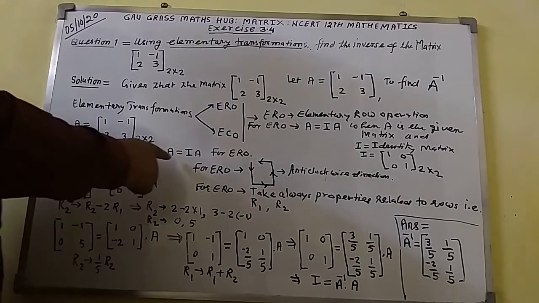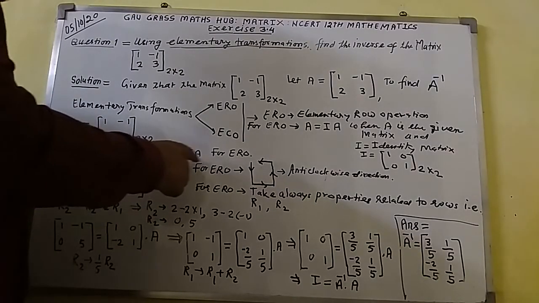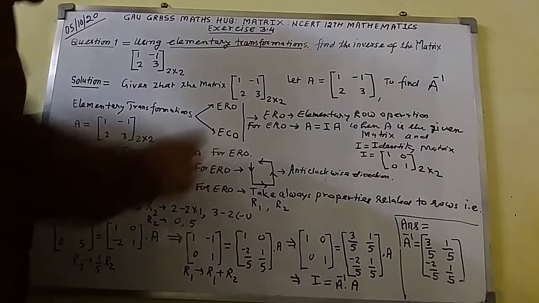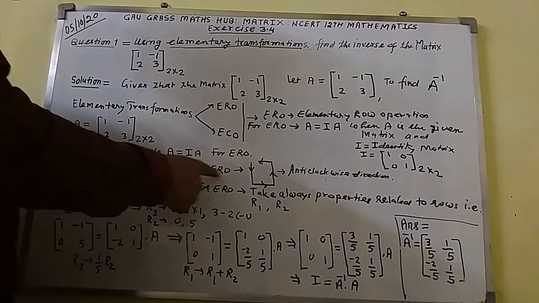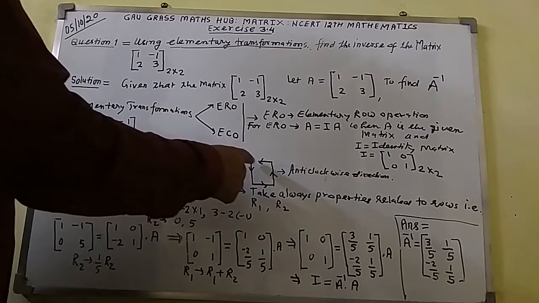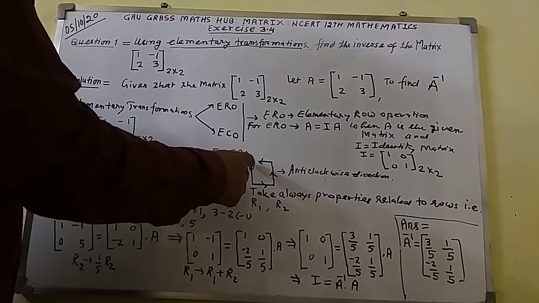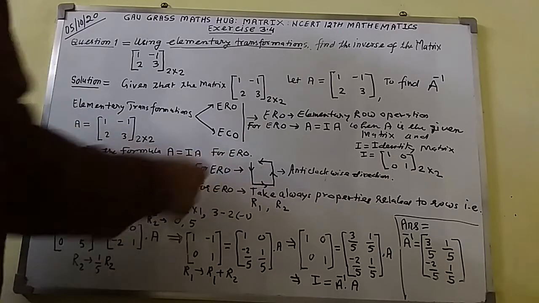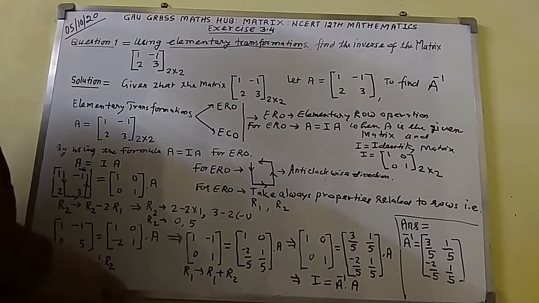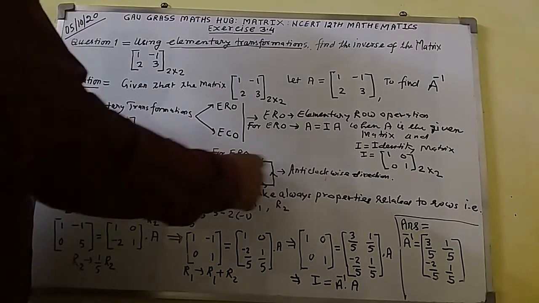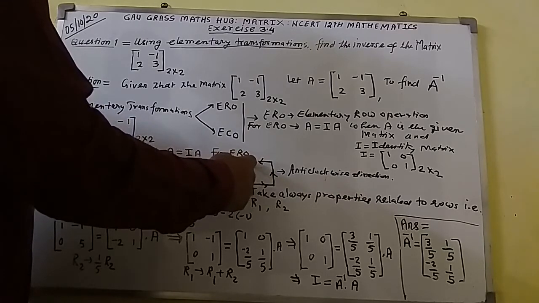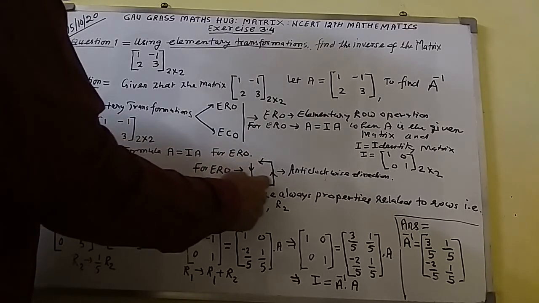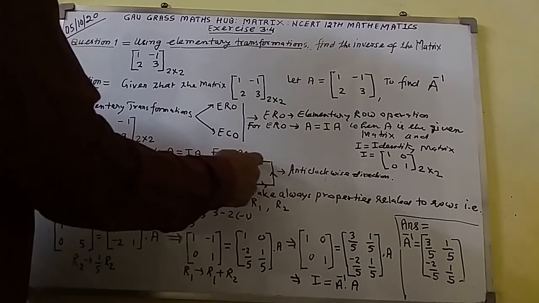By using the formula A equal to IA for ERO, for elementary row operation, this is the notion. We shall proceed in anti-clockwise direction. Here you can see this is the direction: go from this place to this place, go up to this one.